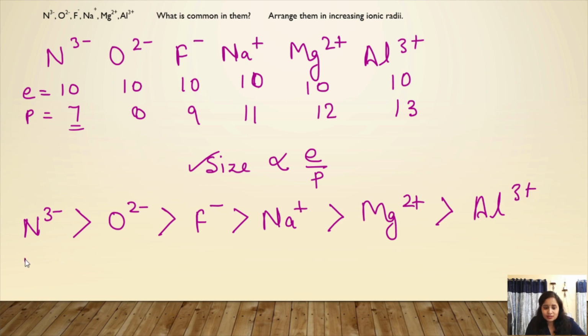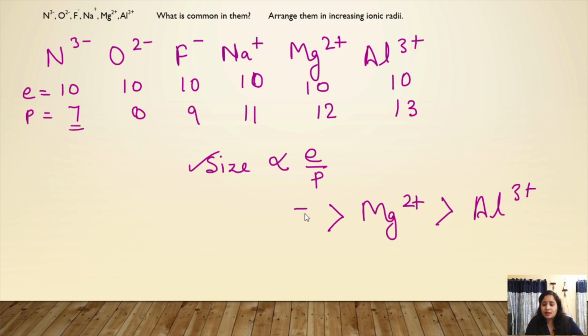So this is the decreasing order of ionic radii. This is the biggest and this is the smallest. Let me rub this and write in the proper way as the question asks. Increasing ionic order. So first of all we will write the smallest one.